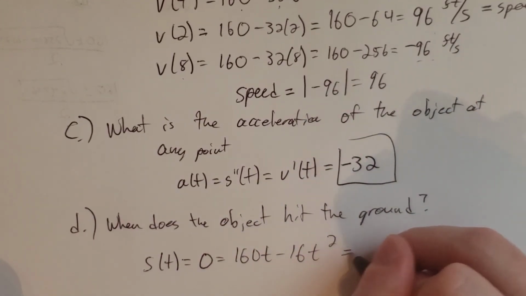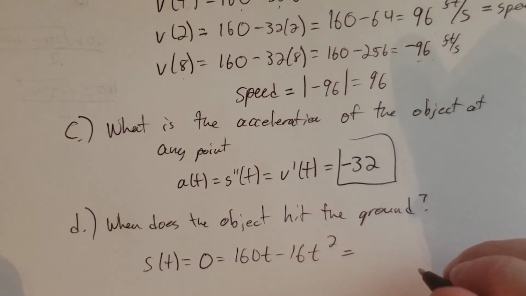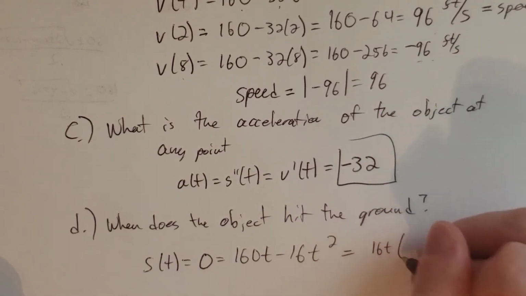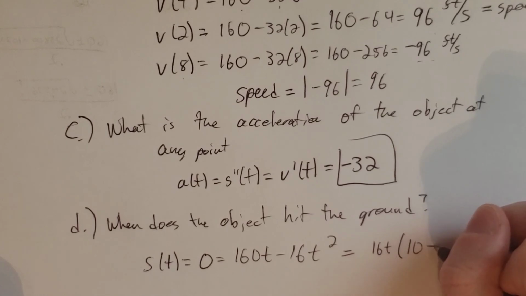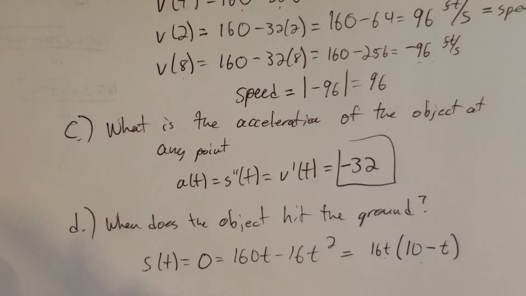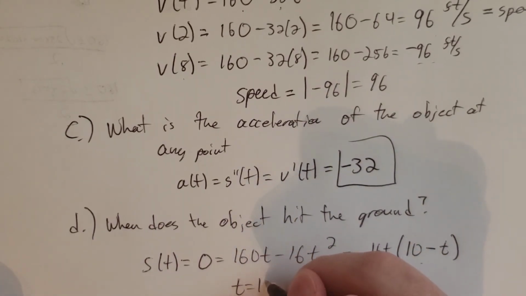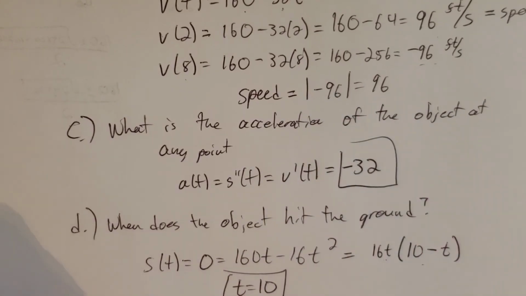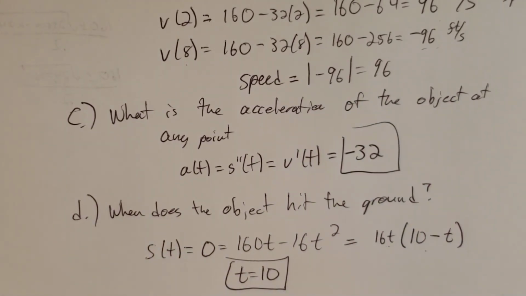Let's factor this. Well, we can factor out a 16t, and we get 10 minus t. So the object hits the ground at t equals 0, but really that's when the object was thrown or propelled upwards. And then it hits the ground at t equals 10. So at 10 seconds is when the object will hit the ground. All right, and that will conclude this video.